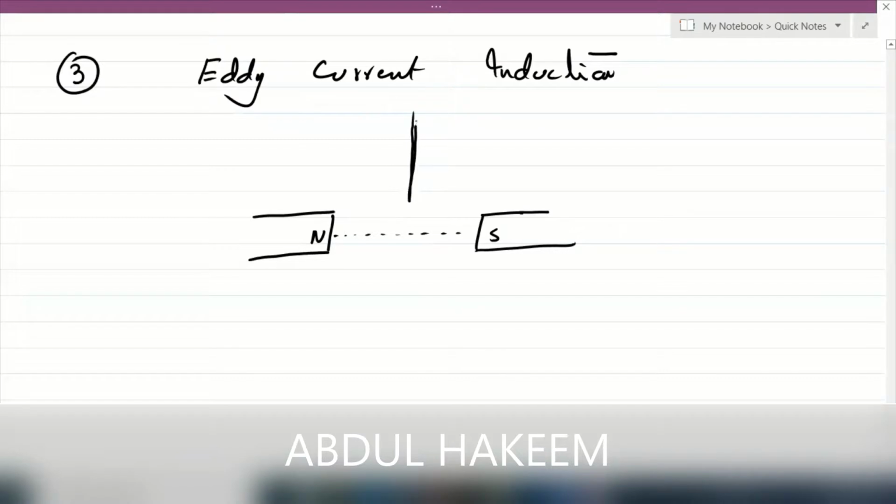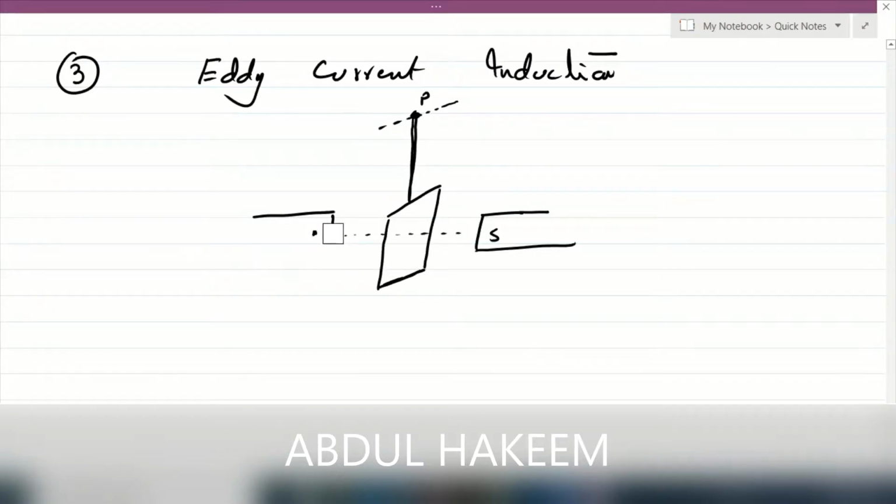And here is a copper plate. It is hanging with this pivot. Now it can oscillate freely.